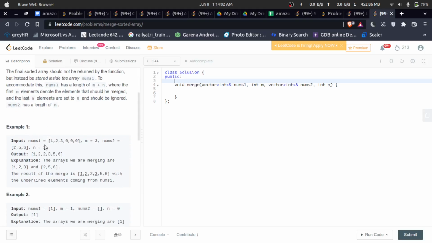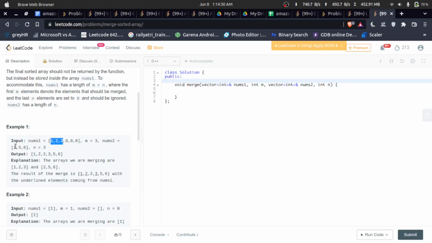There is one trick: in nums1, 3 numbers are non-zero and the other 3 are 0. As in example 1, m is 3, which means nums1's elements are 1 2 3, and nums2 is 2 5 6, where n is 3.